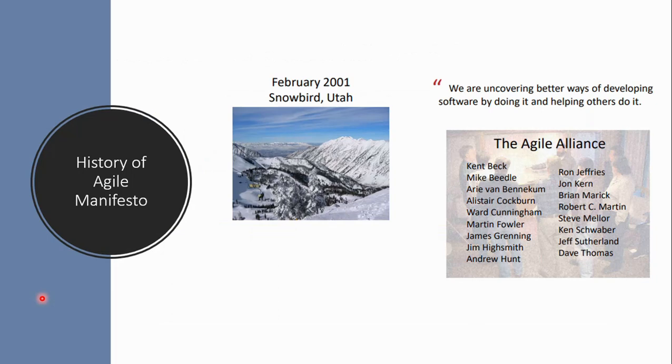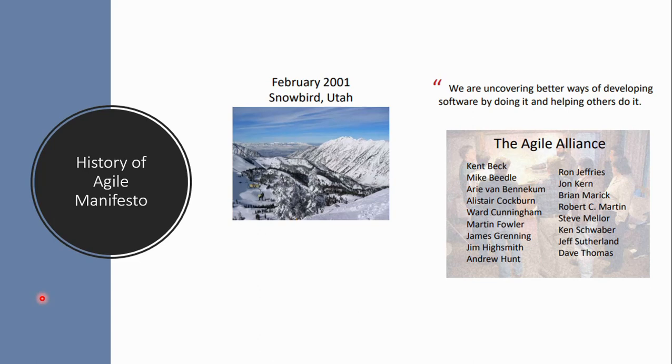So taking these factors into consideration, a group of industry experts met in 2001, and they came up with this concept of Agile, which is called the Agile Manifesto. The original Agile is a concept.